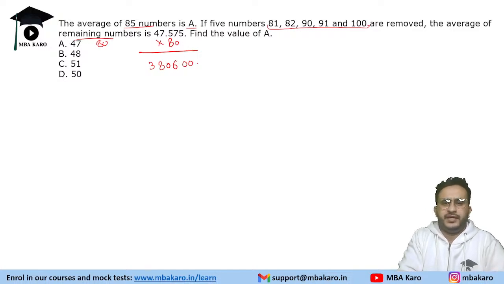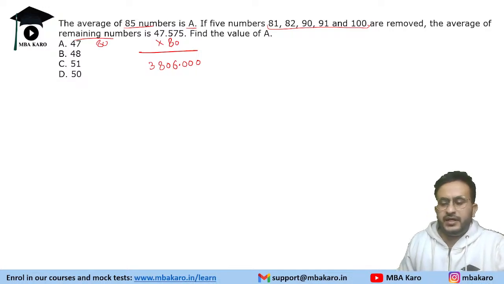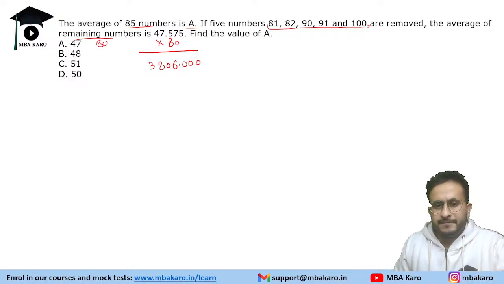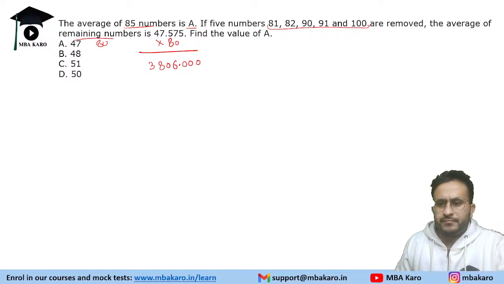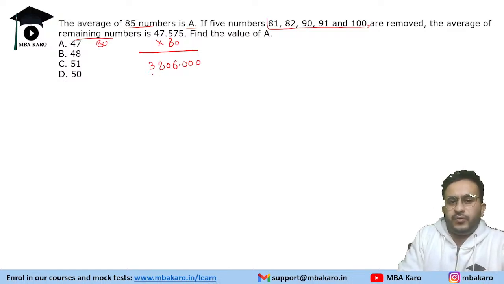Okay, and with 80 you will get 3 zeros. So are you getting this 3806? Okay, 3806, right? And now this is the total of these.